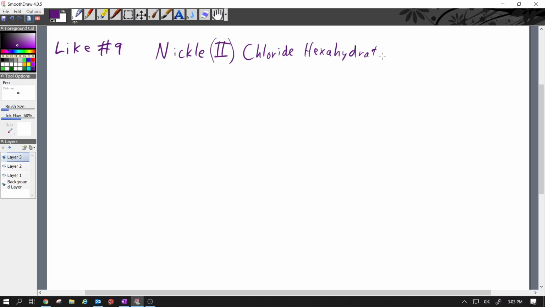All right, so this is going to be a quick review of how we convert between the names and the molecular formula of hydrates. So we have nickel(II) chloride hexahydrate. Here's what you do: you write down the name of the compound, and then you write down the numeric prefix, and then you write down H2O for hydrate. So nickel(II) chloride.